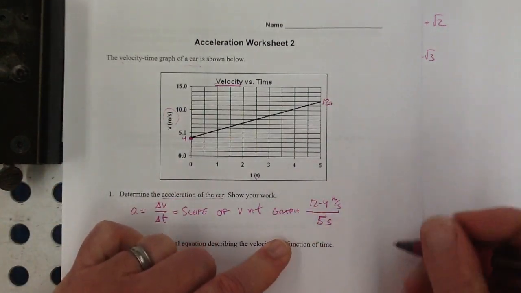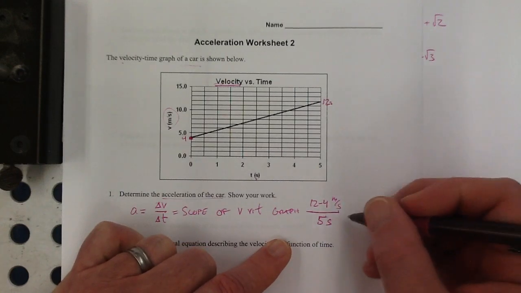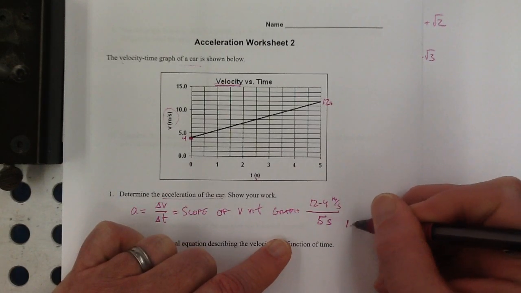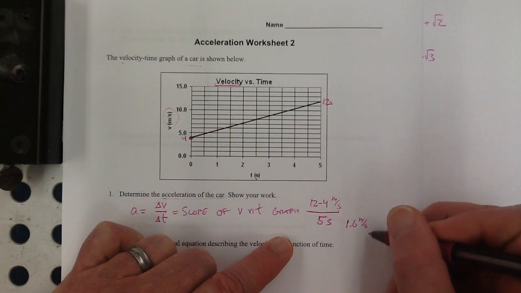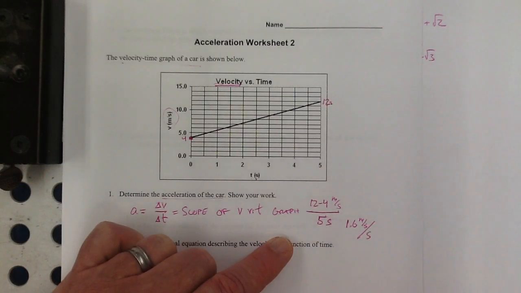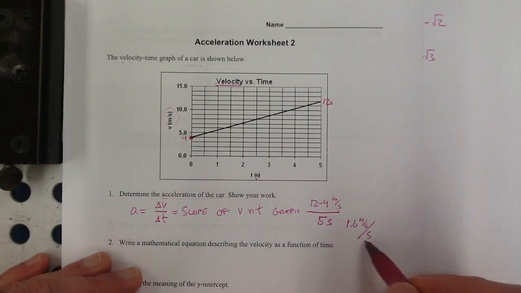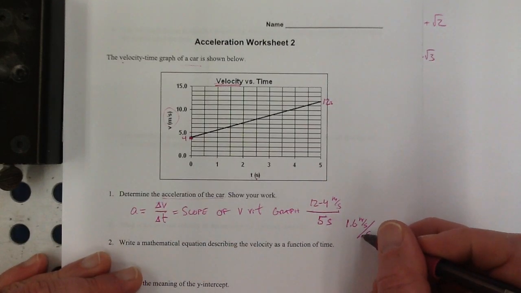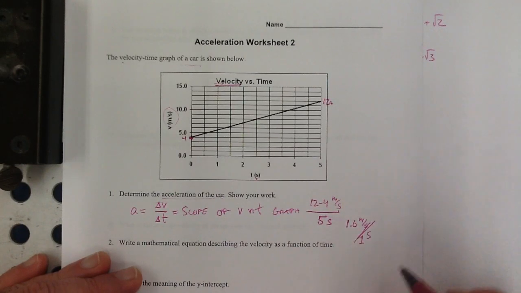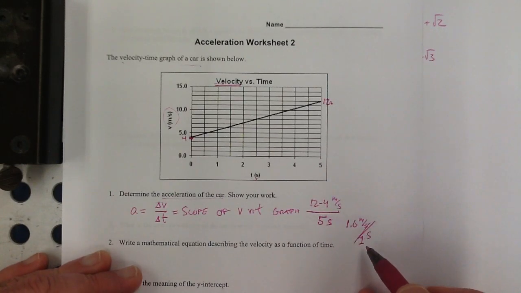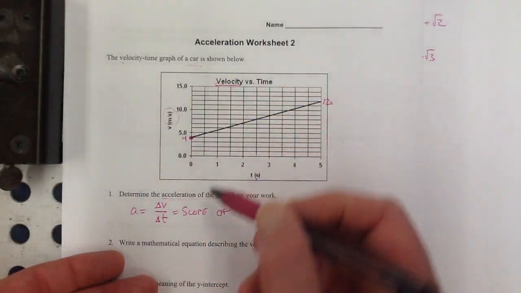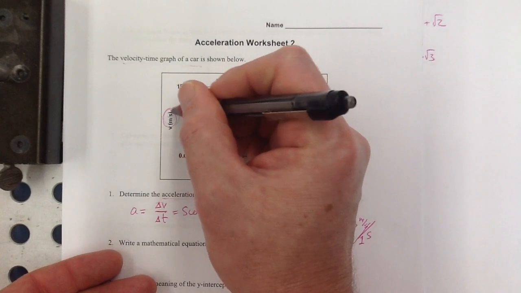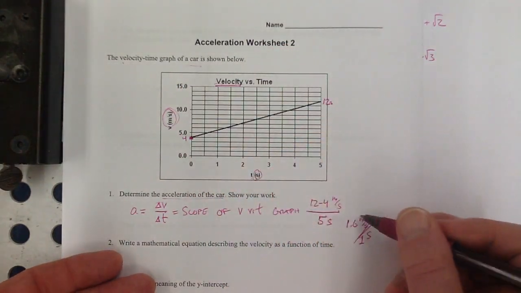So that's 8 over 5, which is 1.6 meters per second per second. I'm going to put a 1 on the bottom there, over 1. So the units can be a little confusing, but you have to have the right units, and obviously, if we're doing slope, it's got to be units of rise over units of run. So it's got to be this.